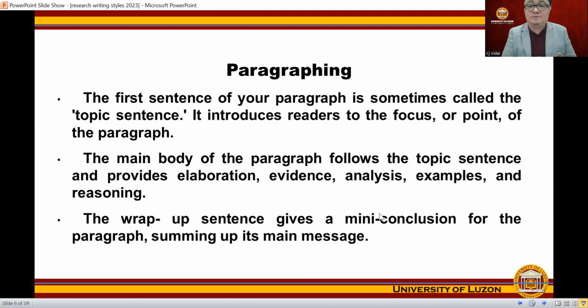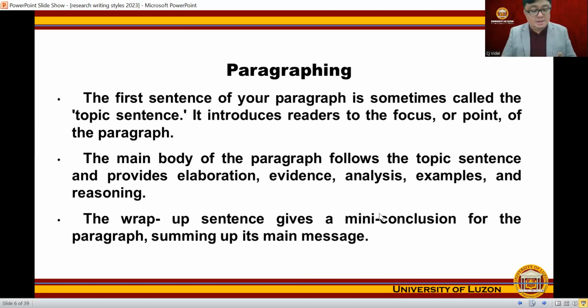Then the body follows the topic sentence, providing elaboration, elucidation, evidence maybe, analysis, examples, and justifications or reasoning. Then the last, being the synthesis, gives a sort of conclusion, thus summing up its main message.